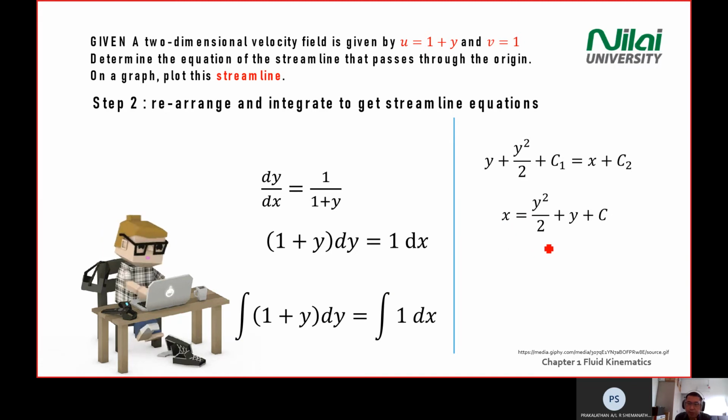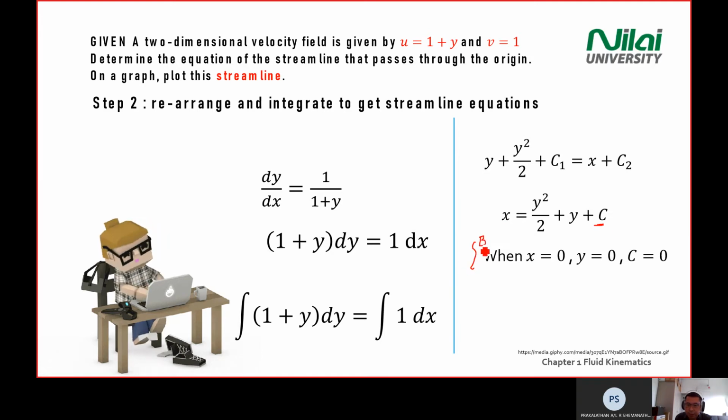Then you want to find the constant value. You use the boundary condition. This is a step we call the boundary condition. That's like you put in the coordinate, x equal to what, y equal to what. The easier one is at the origin.